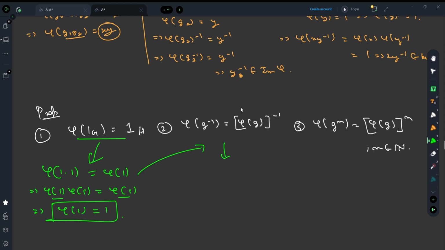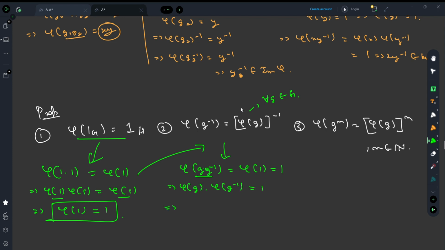How? See, phi of g inverse. Now this obviously holds for all elements g in capital G. What is phi of g times g inverse? It's phi of 1, but phi of 1 is proved to be 1. This can be distributed as phi of g times phi of g inverse is equal to 1.